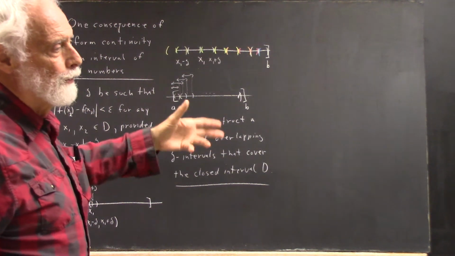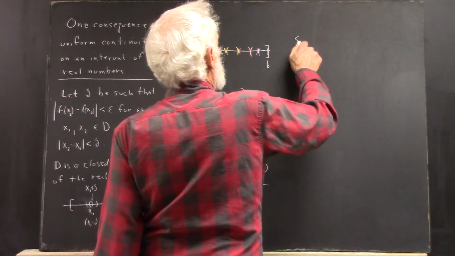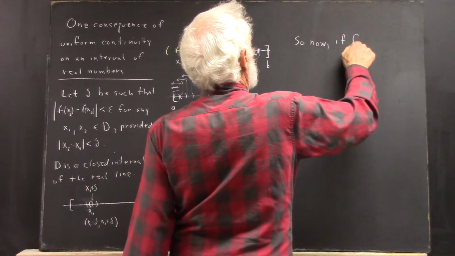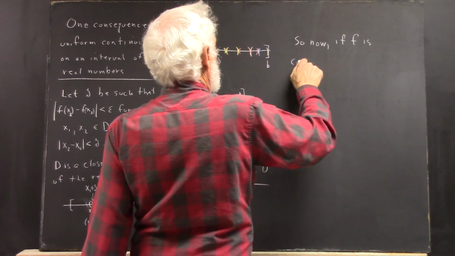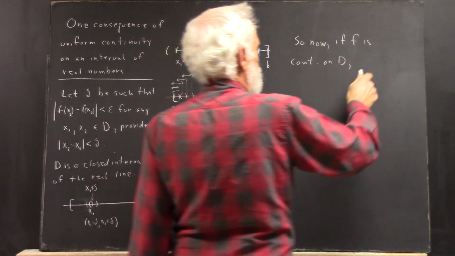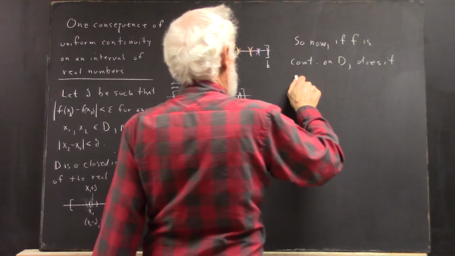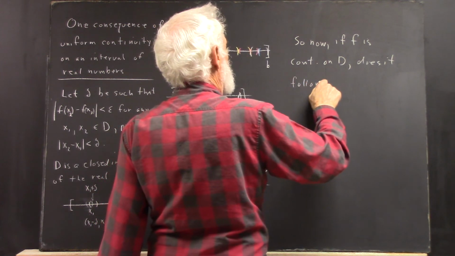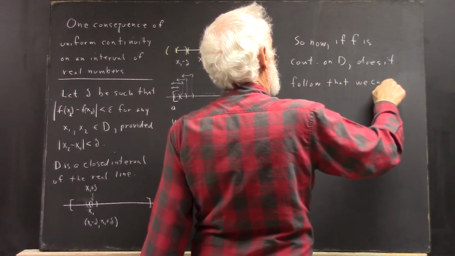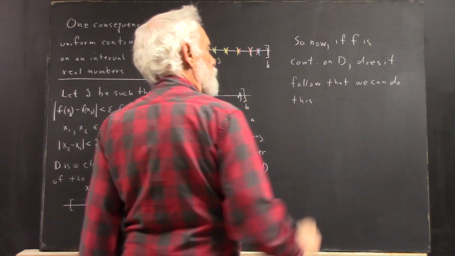What I want to do now is turn this around and say, okay, so if f is continuous on D, this is how we can do this.